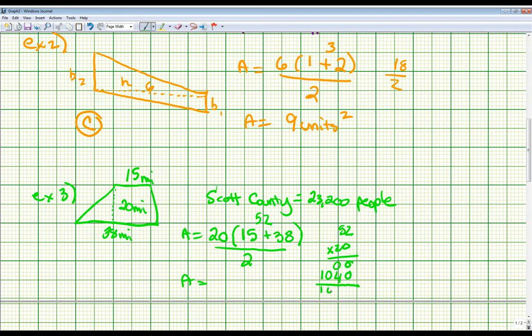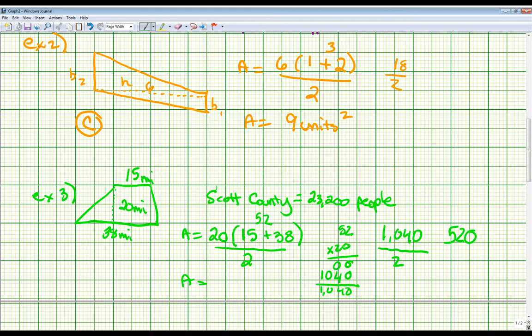So we have 1,040 as 52 times 20. If we take that and divide it by 2, 2 can go into 10 5 times, 2 can go into 2 one time, and 2 can go into 0 zero times. I ended up with 520.